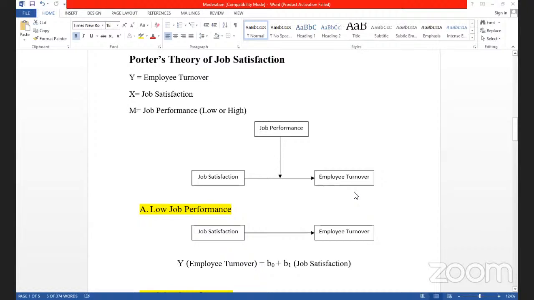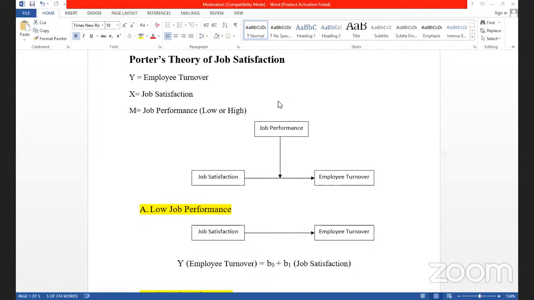So there are three variables in the moderation. One dependent variable, employee turnover, which depends on job satisfaction, and the moderator variable, job performance. It is a categorical variable.